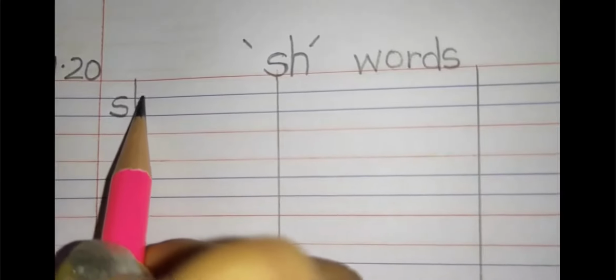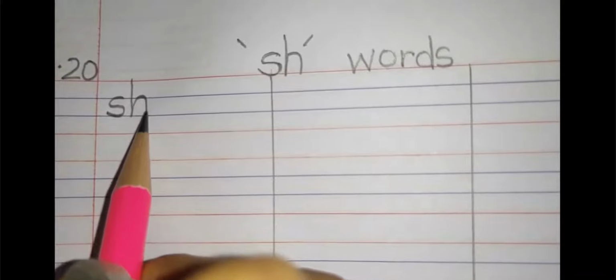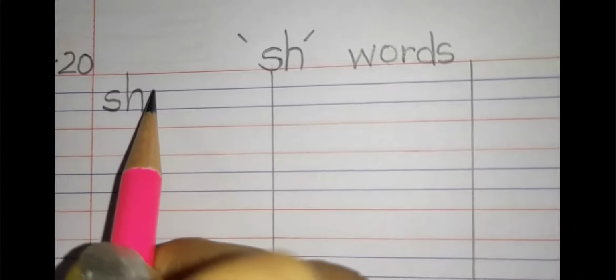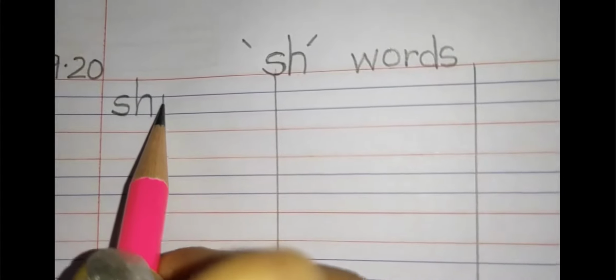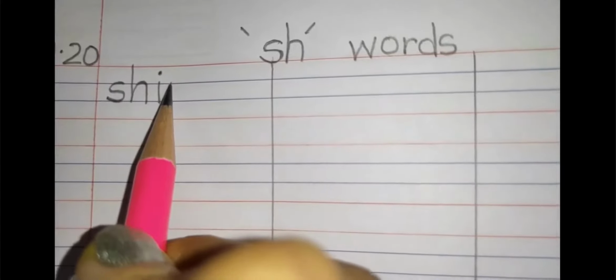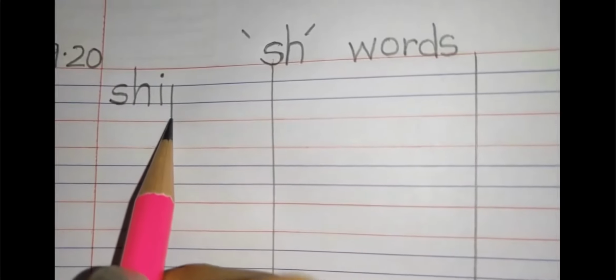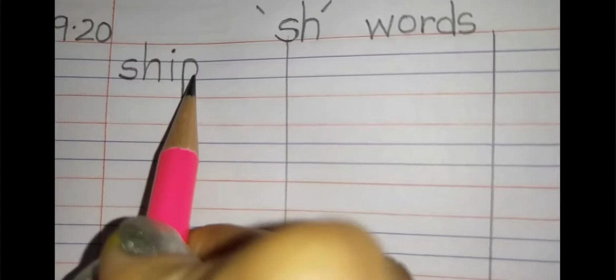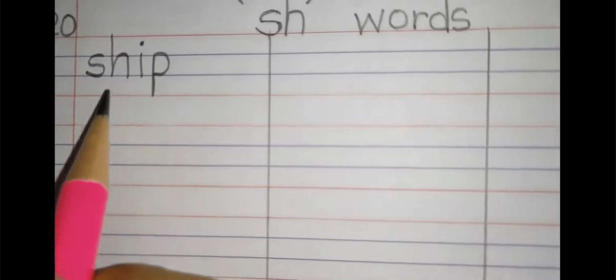For H, we have to make a standing line from red line till second blue line, go up till first blue line and come down to second blue line. For I, standing line between 2 blue lines and a dot. For P, standing line from first blue line to red line, go up till first blue line and make a curve till second blue line.